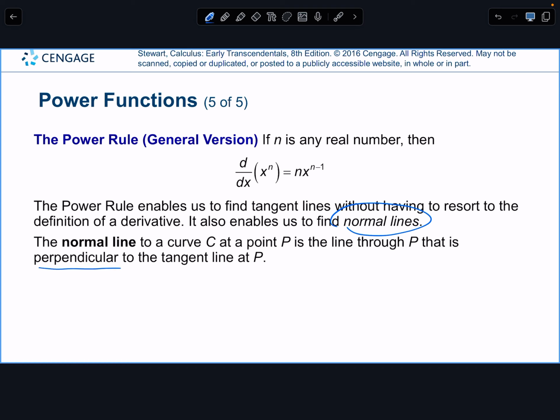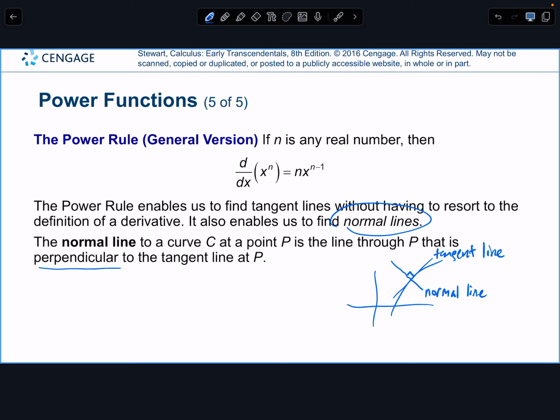So again, if the slope has a tangent line, there's also a line called a normal line that's perpendicular to the tangent line. And this has applications in physics.